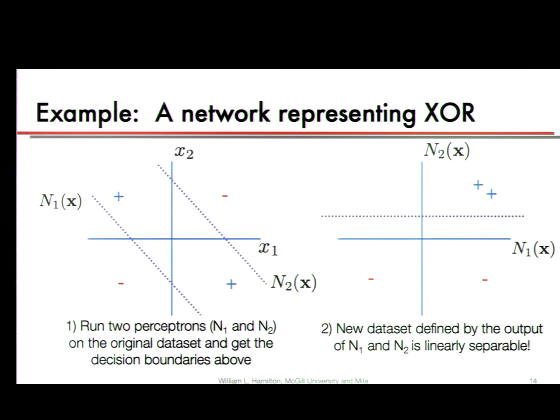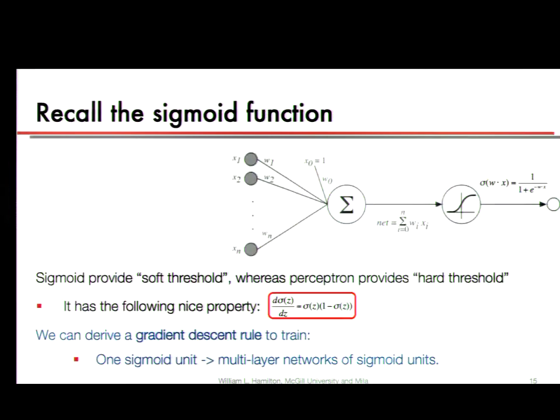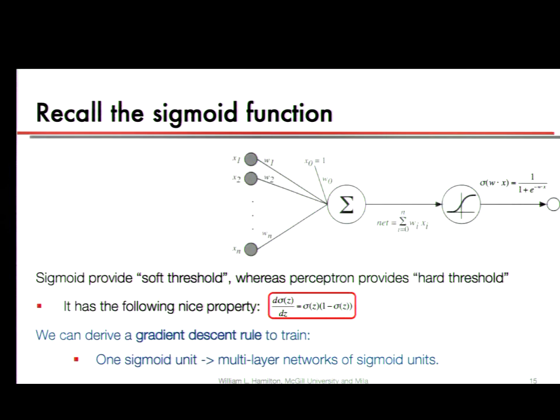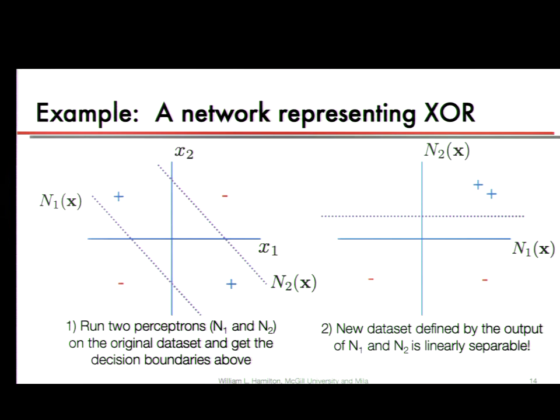Now, one issue with perceptrons is that they're numerically hard to deal with. A student points out that one of these points should actually be up here. Yeah, you're right, I'll fix that before I repost the slides. This was an error.